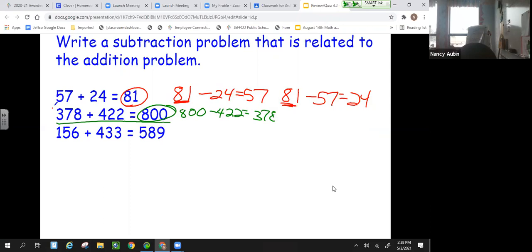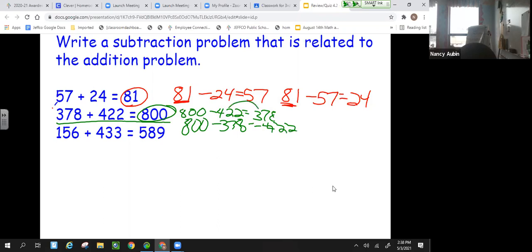Say it again, bud. Paxton. Help him out. What's the big number? Everyone. 800 minus 378 equals 422. Sorry about my board.